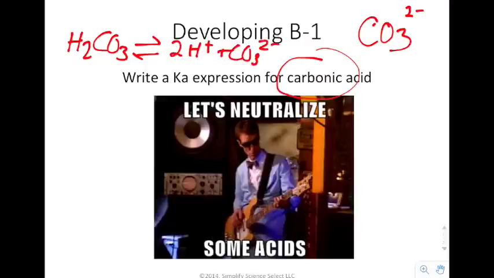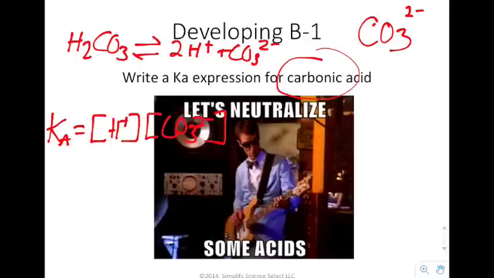Now I do know that carbonic acid is a weak acid, so the Ka expression is going to be important. I'd write H plus, and then CO3 2 minus. And on the bottom, I'd have H2CO3.